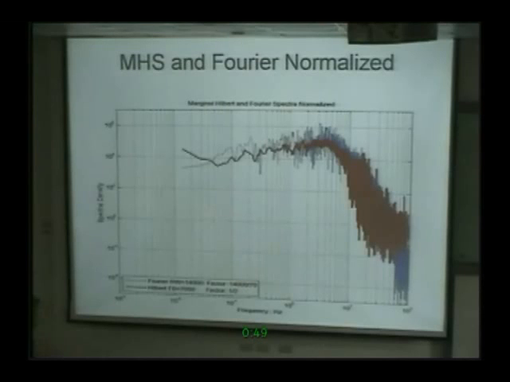So after we have everything boiled down, it's just that simple factor: the sampling rate, the total number divided by total time, and a factor of 2. That's it.